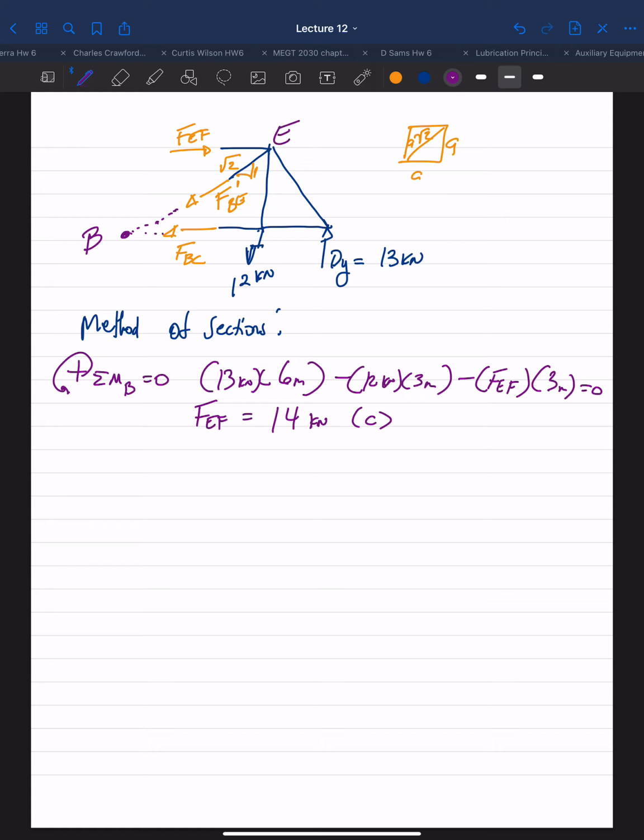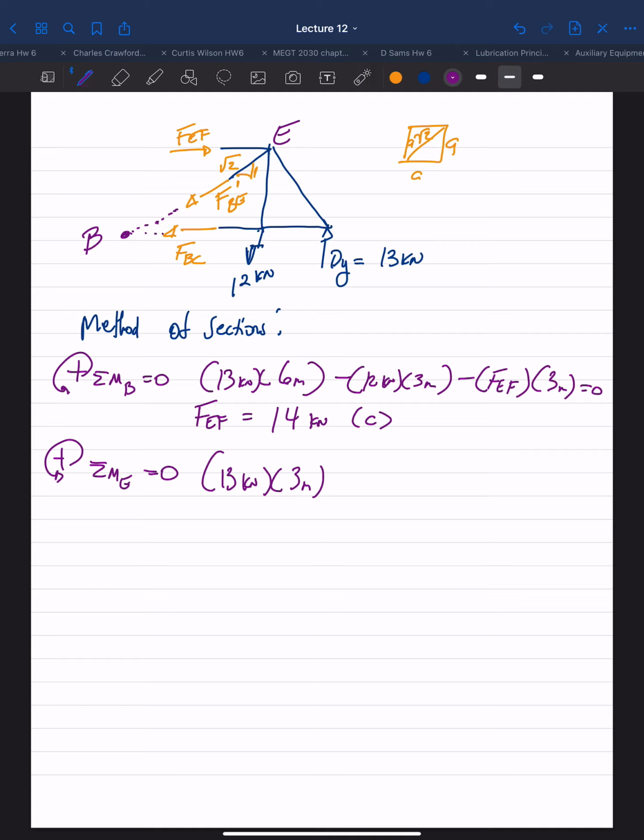Just point E. If I take the sum of my moments about point E, set it equals 0, I can solve for FBC. So it'll be dy, which is 13 kilonewtons, times the perpendicular distance, which is 3 meters.